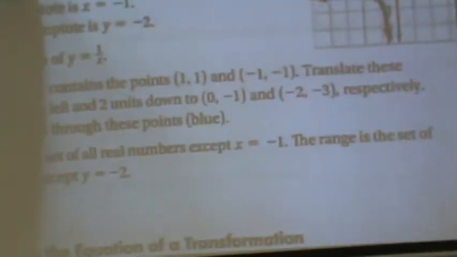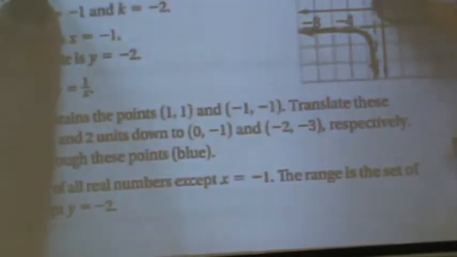Okay, so let's do this back page together. Oh, actually, let's look at these really quick. Problem 3, forgot to talk about that one. This is from your book, make sure you understand it.